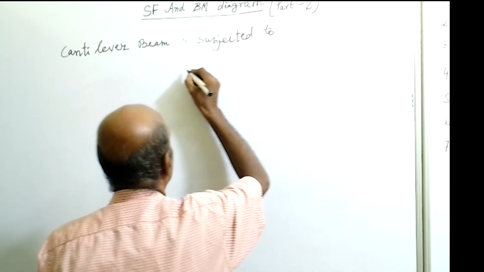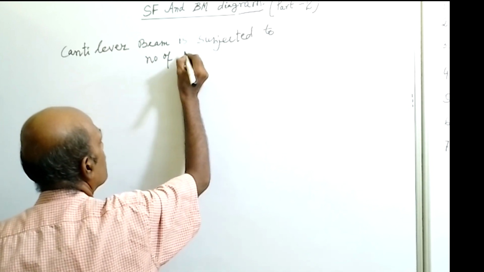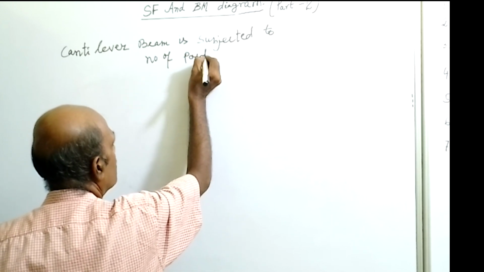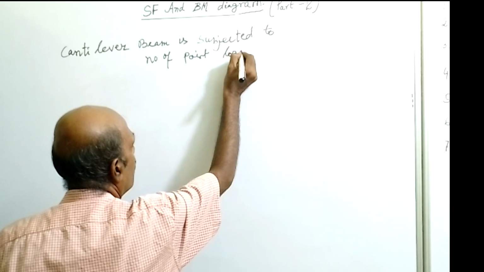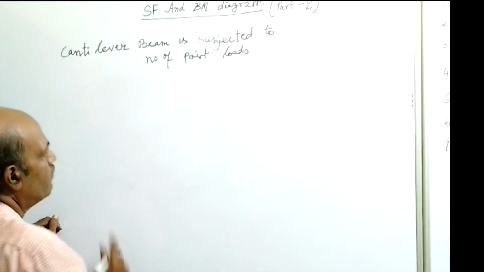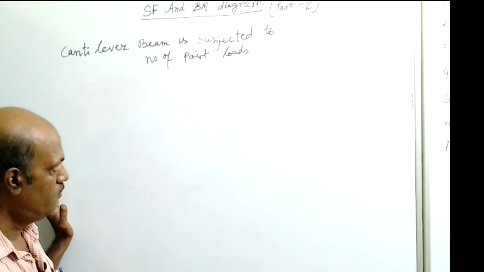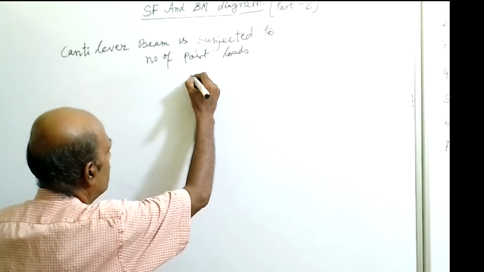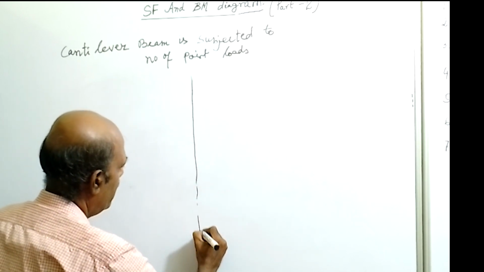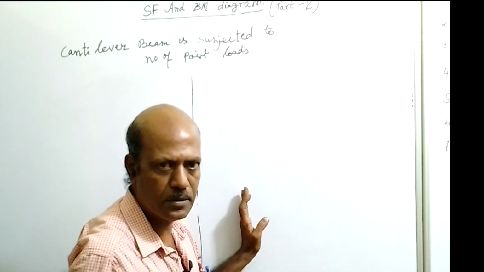So two or more point loads. Okay, so this is the problem. For solving the problem, it is better to divide your page into two parts. In one part we will draw the diagram, in the other part we will do the calculations.